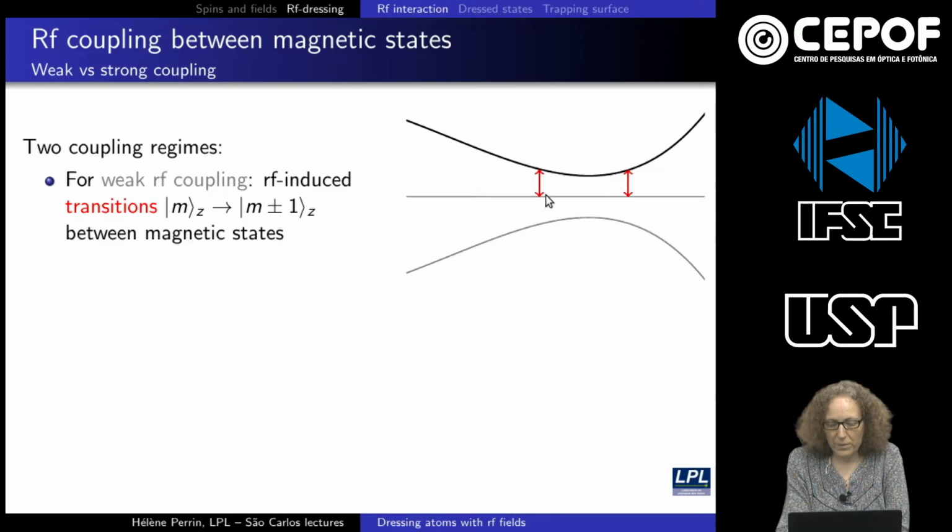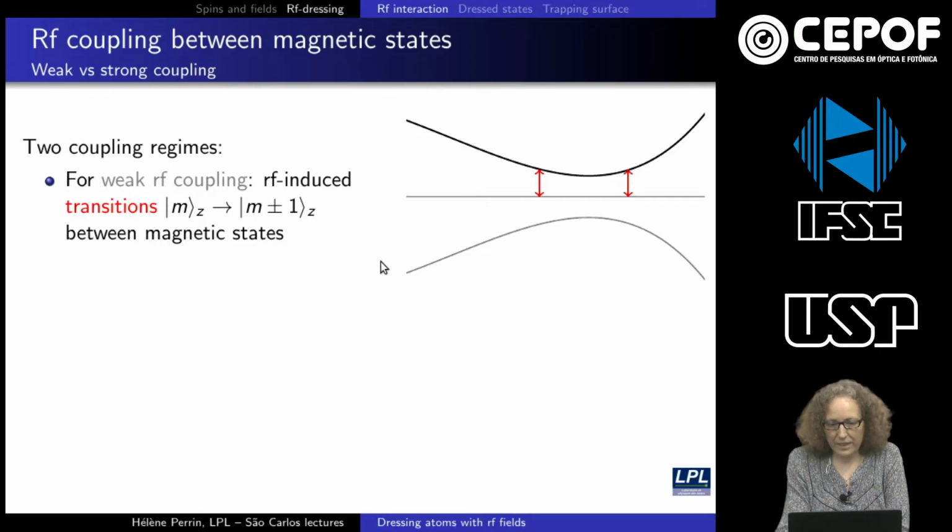So transitions will be induced, and then the atoms, if they were trapped, will be lost. And this is one way, for example, to cool the atoms which would be trapped here. If they reach this point, they are lost, and that is how we cool the atoms by evaporation.